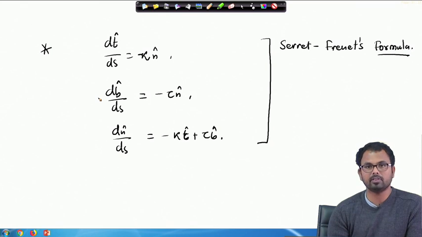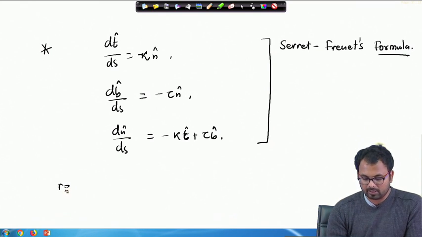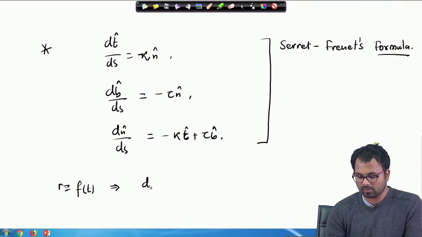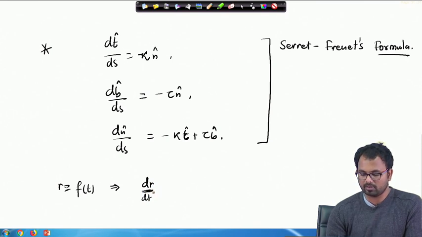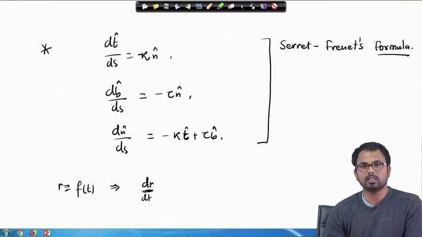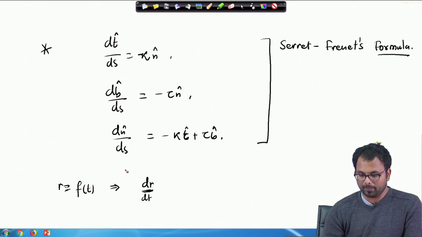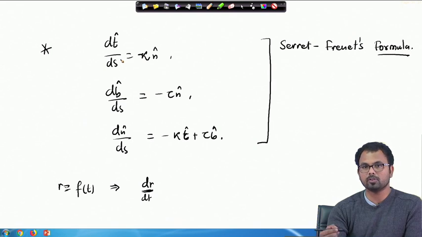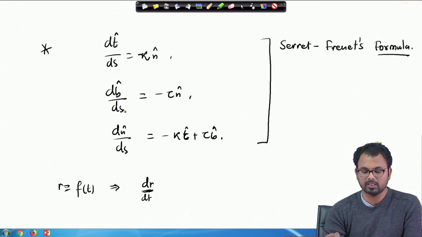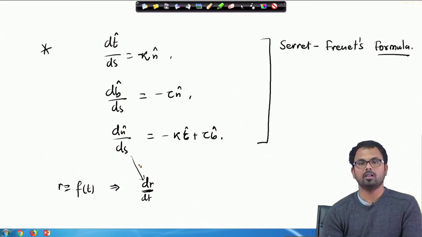The equation of the curve, if we remember, is r equals f of t, and from there we were calculating dr dt, which is actually the tangent vector. Then from there we can calculate dr ds and all that. The obvious question is, this dt ds, db ds and dn ds must connect with some derivatives of r and nothing else.